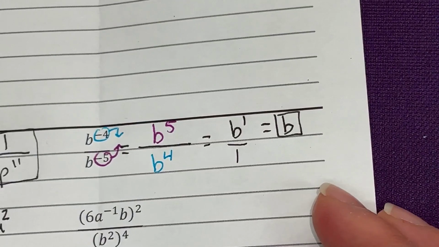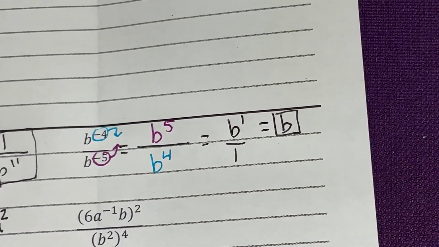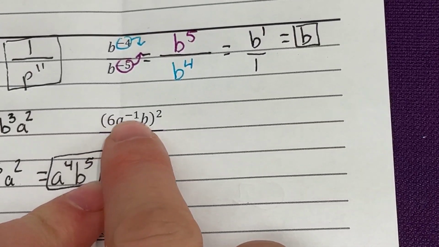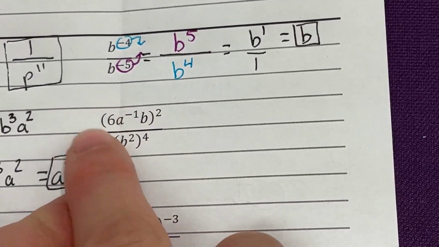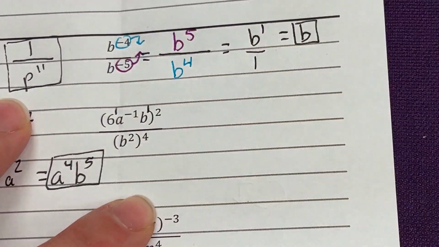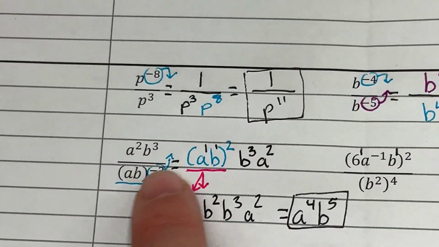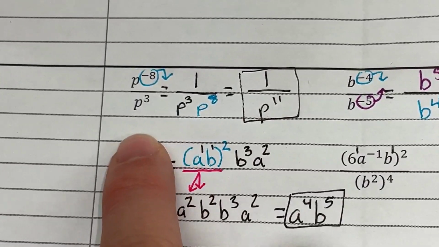All right, let's do another one. In this next one, my negative is inside of the parentheses. So what I want to do is distribute first. You don't want to move it until you've distributed. Whereas in the last one, the negative was outside holding everything, and I brought all of it up.